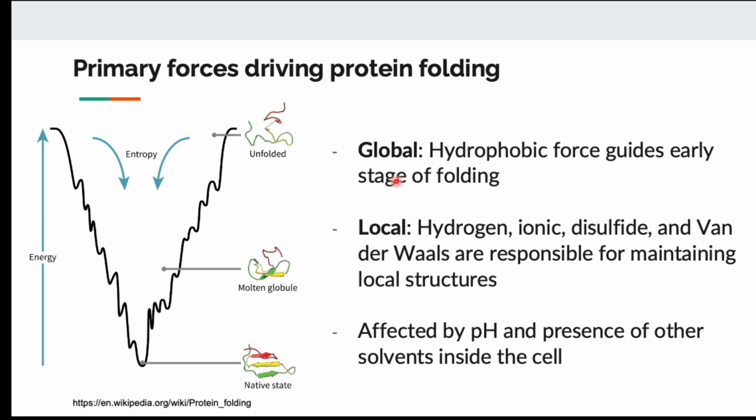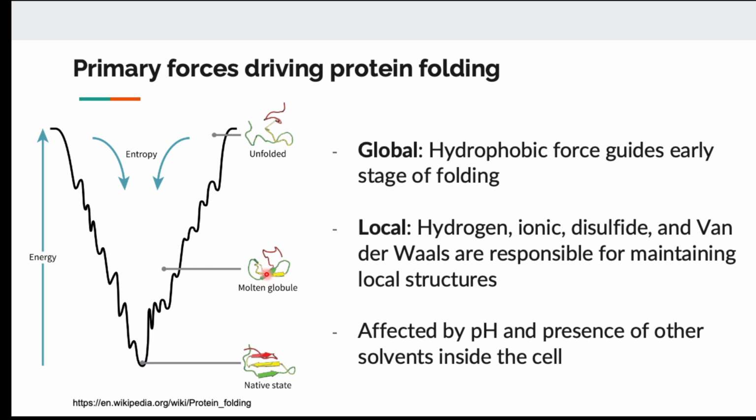Some amino acids, like the ones with hydrocarbon side chains, don't like water, don't like polar solvents. So the hydrophobic force pushes these hydrocarbon side chains to fold together, to escape from the polar condition outside. So this force drives the global flow of the protein.